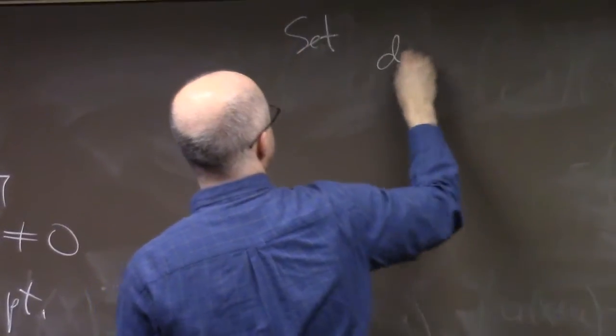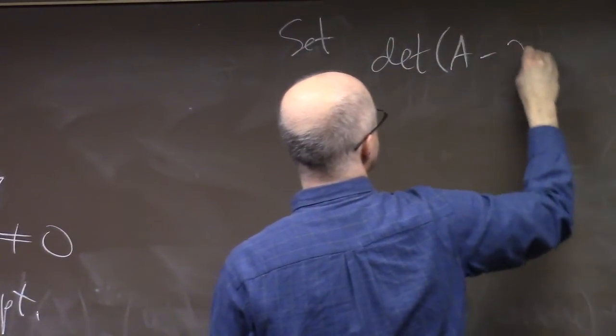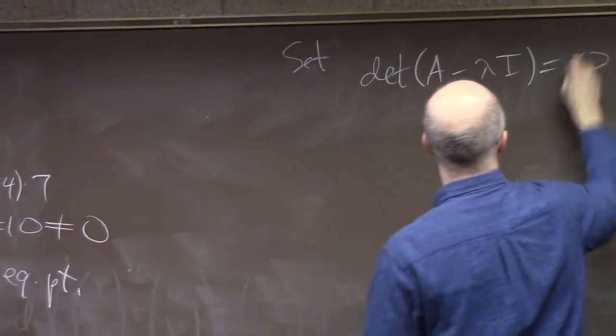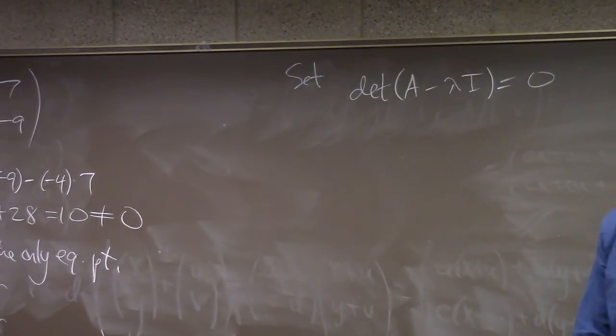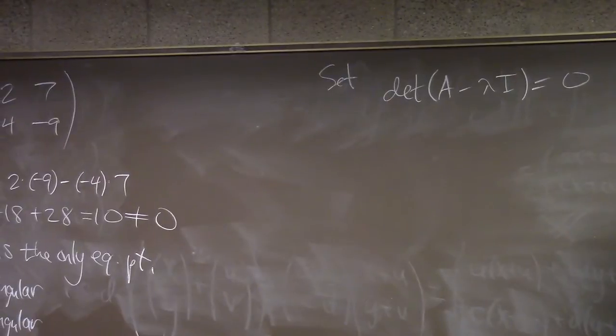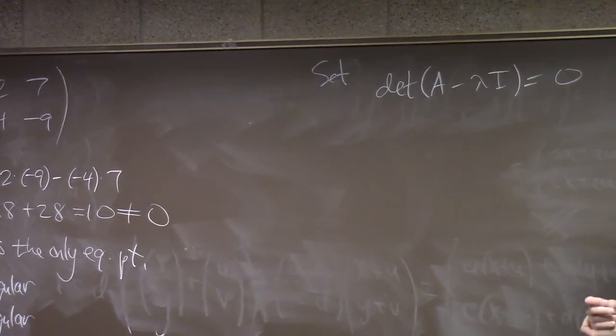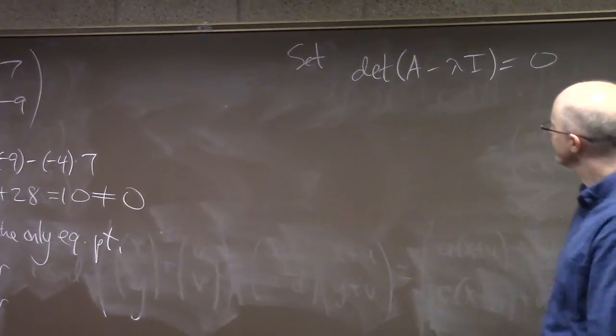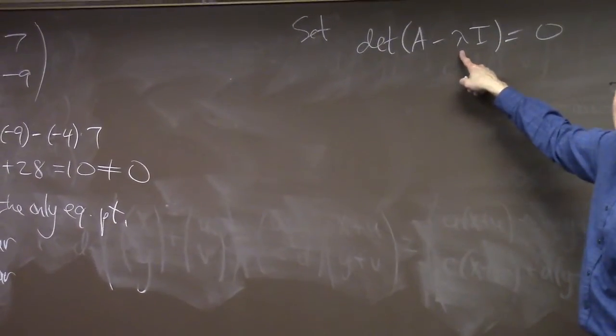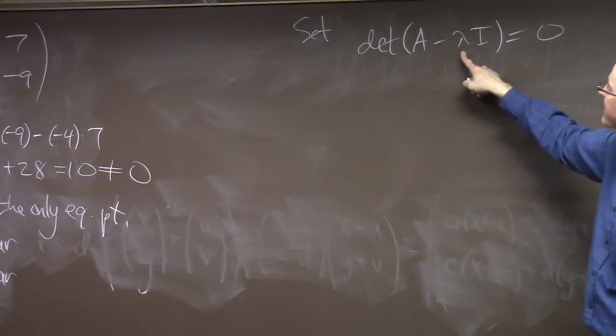You want to set the determinant of A minus lambda I equal to 0 and solve for the values of lambda. You weren't here the Friday before spring break. We talked about this, so you'll want to watch the video if you haven't yet. Lambda is going to be an eigenvalue of the matrix.